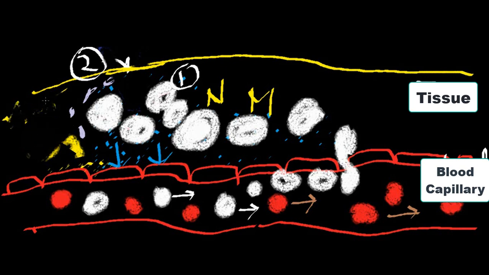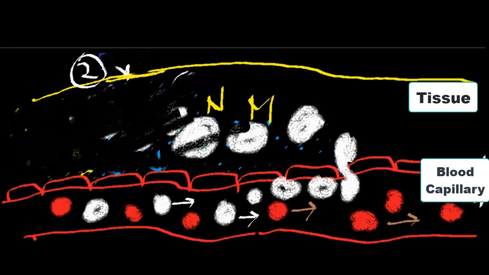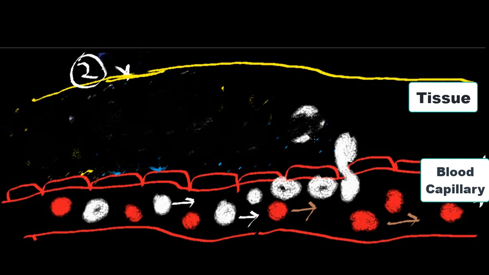You can see now all these cells will go away and then the tissue will attain its original state as of before the injury. So you can see all these cells will ultimately be removed by the immune system through various reactions, and then tissue will go into its original state.